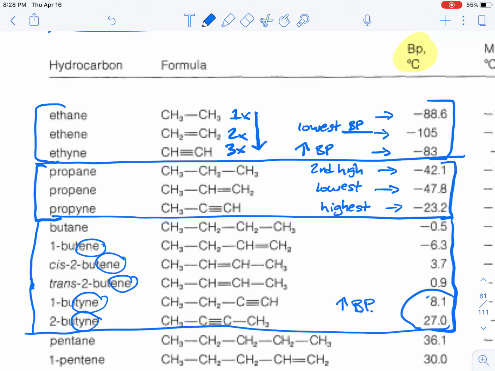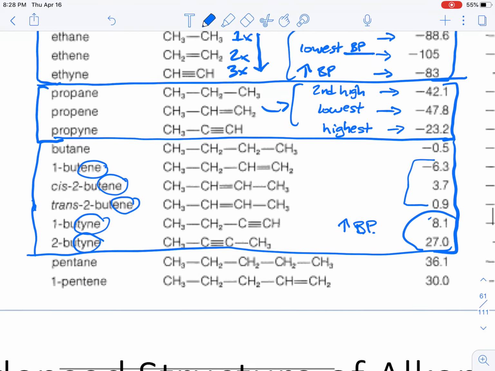As for 1-butene, cis-2-butene, and trans-2-butene, the numbers are fluctuating just because of the geometric orientation, and we'll talk about that when we discuss isomers. So this probably isn't a really good example to observe the conclusion that we made between these two sets.